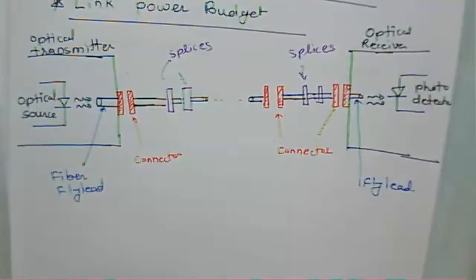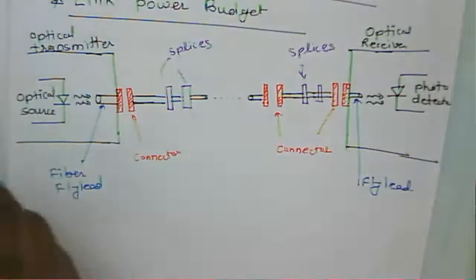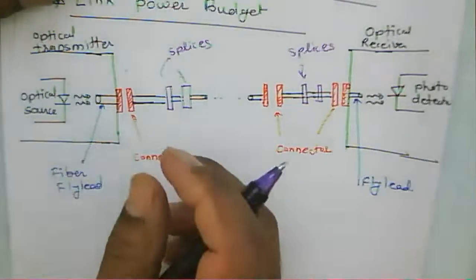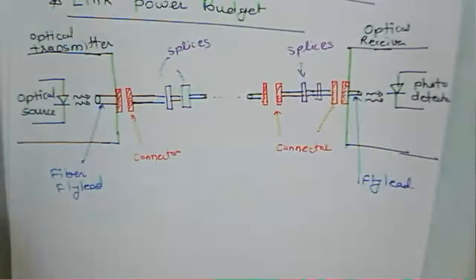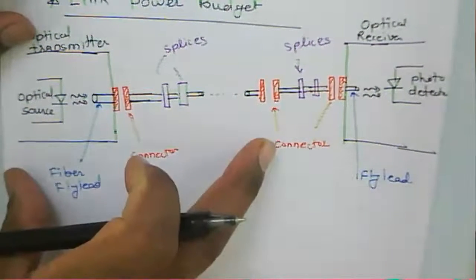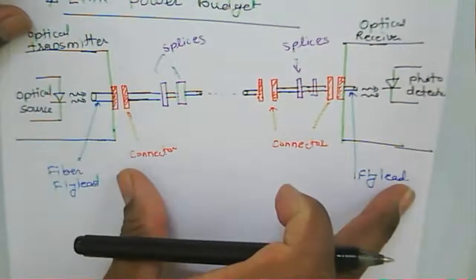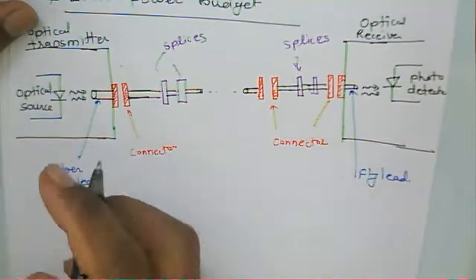In between the line or length of the fiber there will be splices, and there are many connectors used along the line. This portion is your optical power loss model for the point-to-point link.